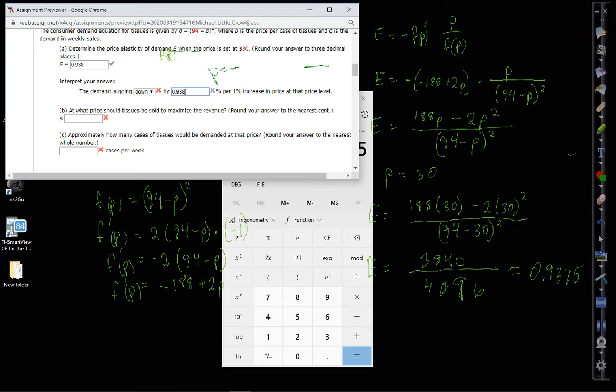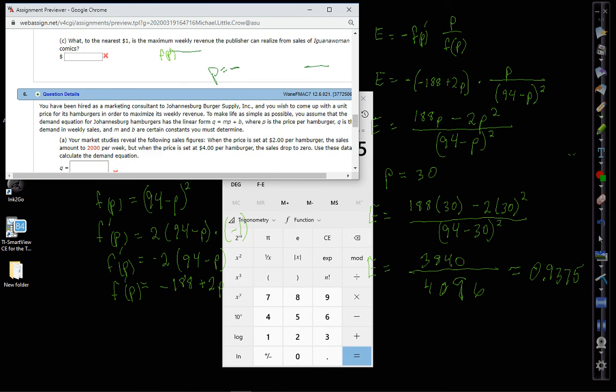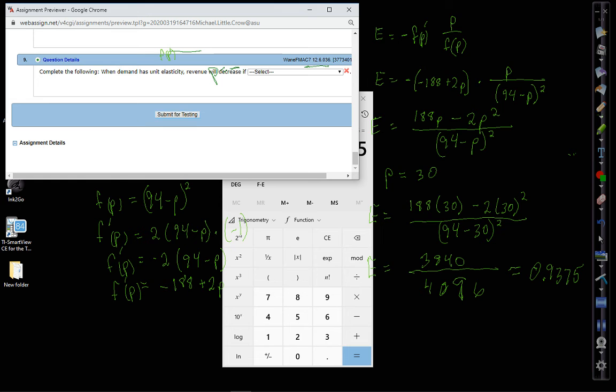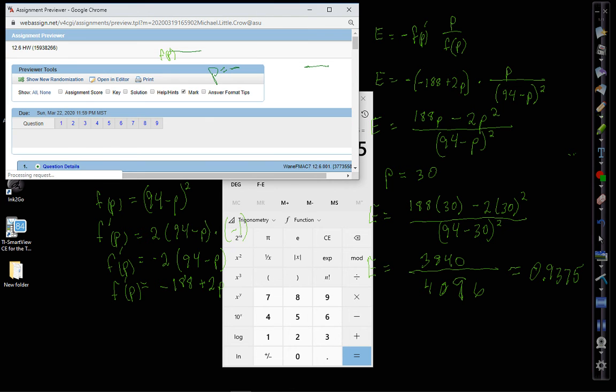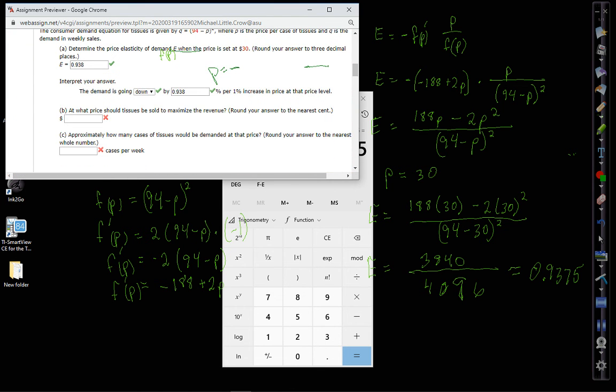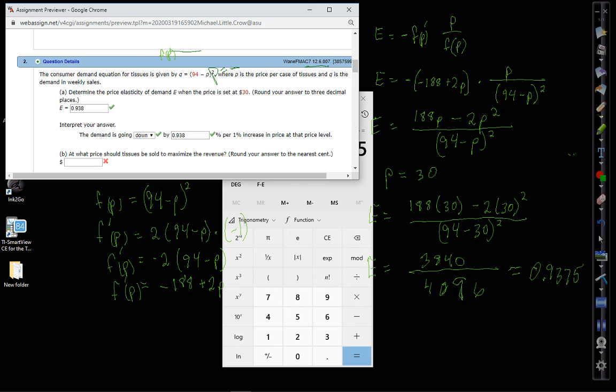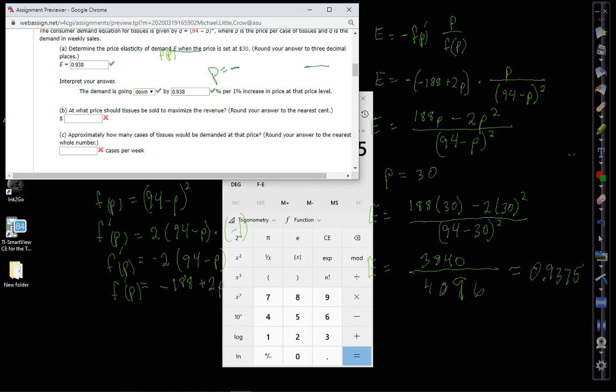So I increase the price by 1%, and the demand only goes down less than 1%. So that's the good news. I just want to keep going on this one just in case. Yes, it is going down by that. That's what that means. So then, what price should maximize revenue?